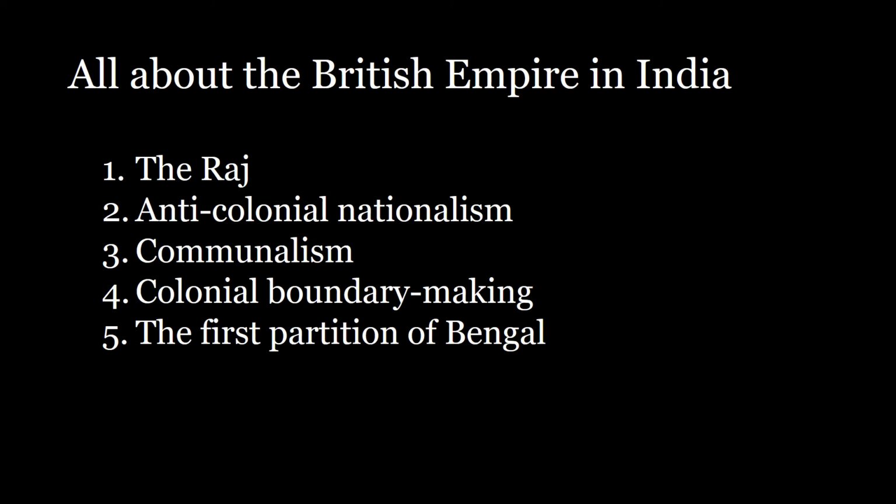So we talk about the early stuff so that we can understand the later stuff. And then we'll end this section with a discussion of the first partition that took place in India, the partition of Bengal, which was a British province in British-controlled India in the northeast of the subcontinent.